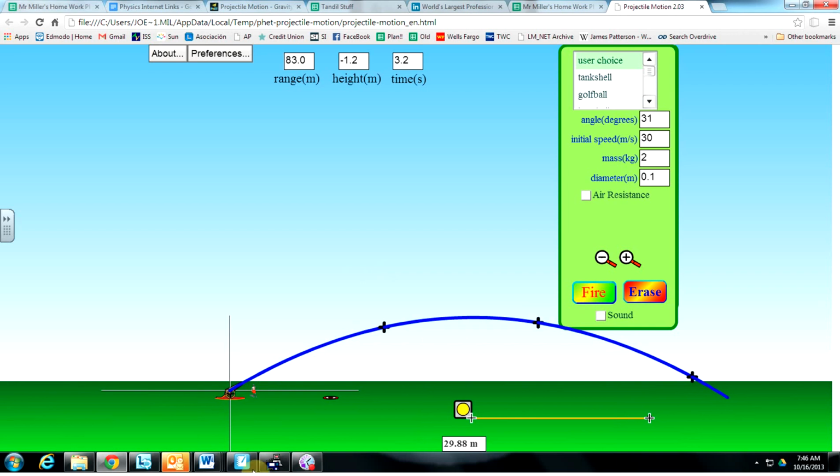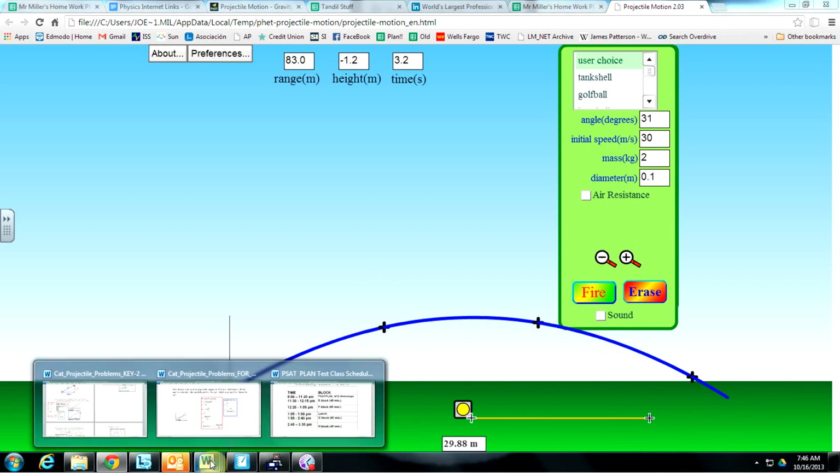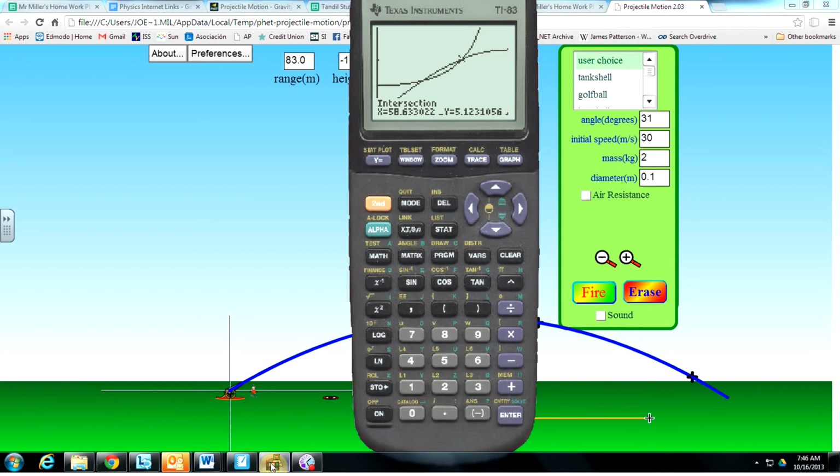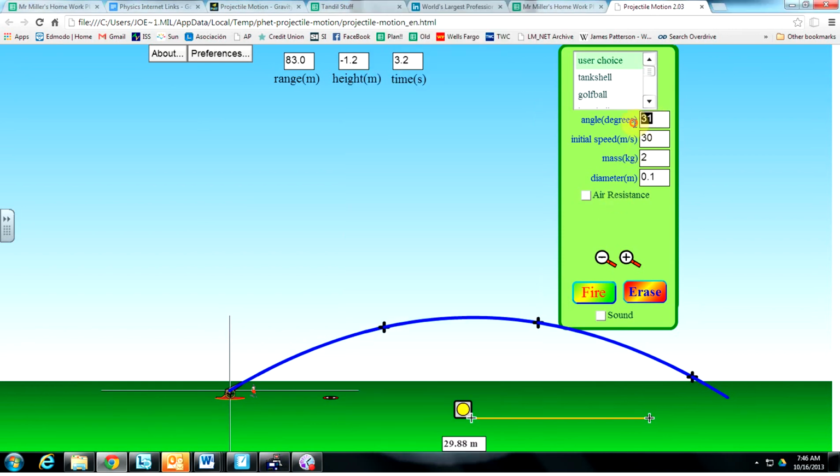Okay, and if I go ahead and put in the other angle that we found in the calculator there, 58.6, I doubt this is going to work out because we used 10. We should have used 9.8, but hopefully it'll be close. So hopefully it comes in also in a similar range. Not too bad. So they land here at the same point. The range is saying 82, but I think it's using 9.8, and this is software.